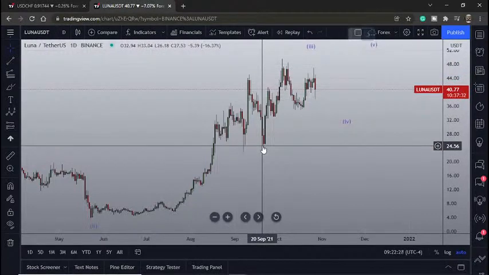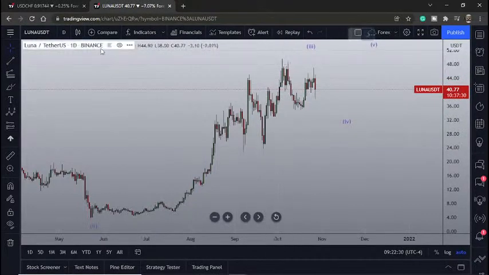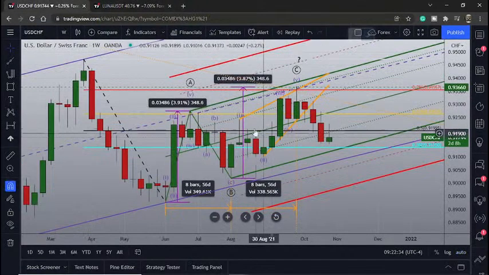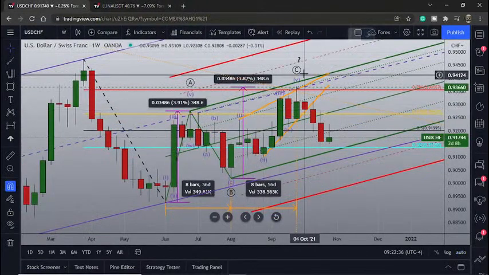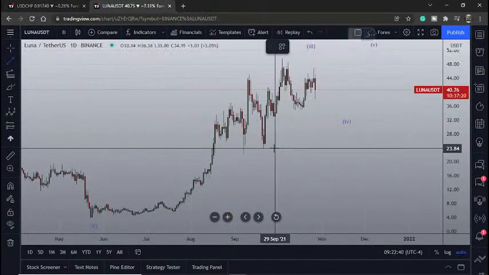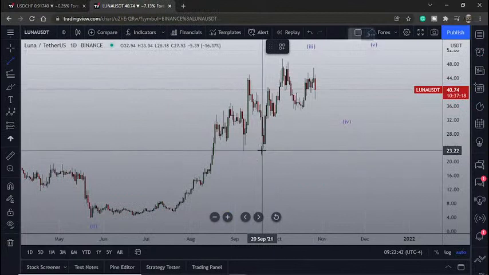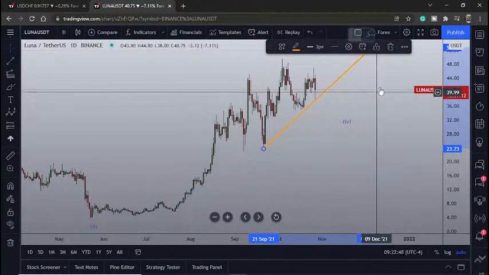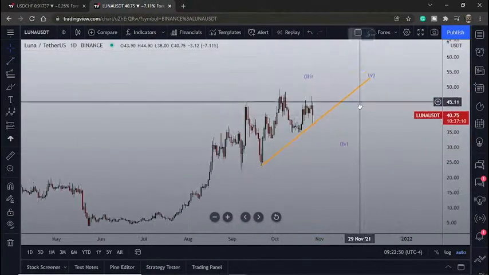Alternatively, this could also lead into a leading diagonal, which is what I've shown you over here. And rather than a C wave leading diagonal, a potential, let's say, a third wave leading diagonal. And to mark that out, that could be looking something like this, that's still under development.